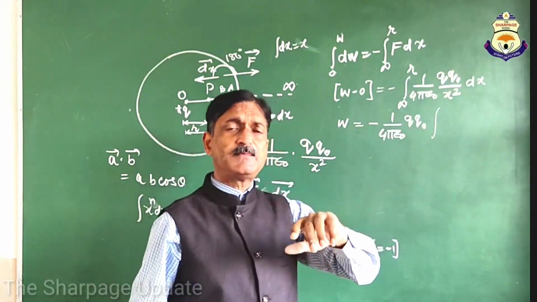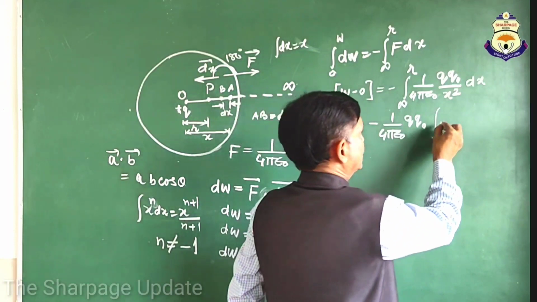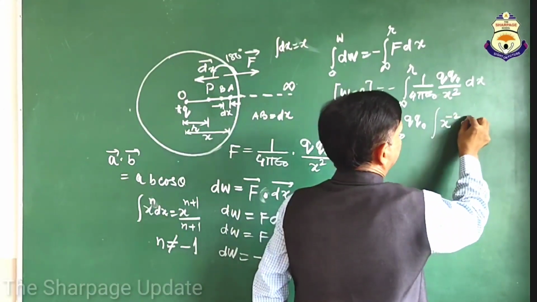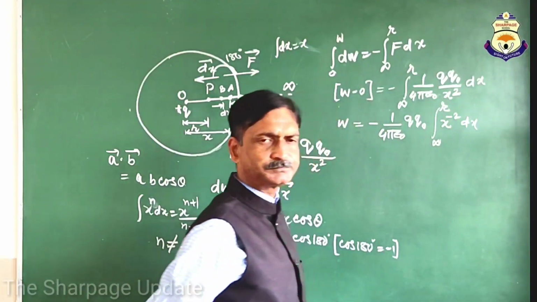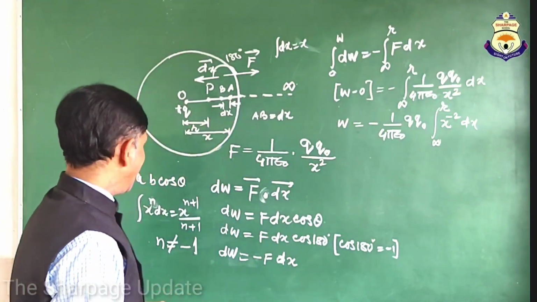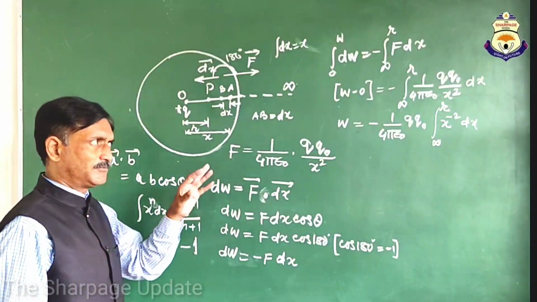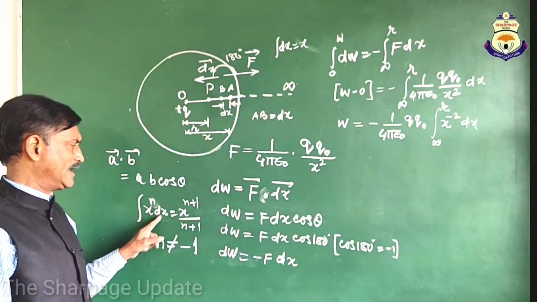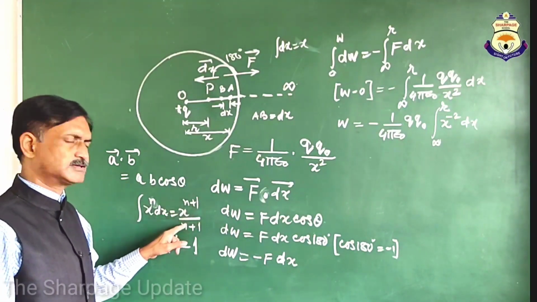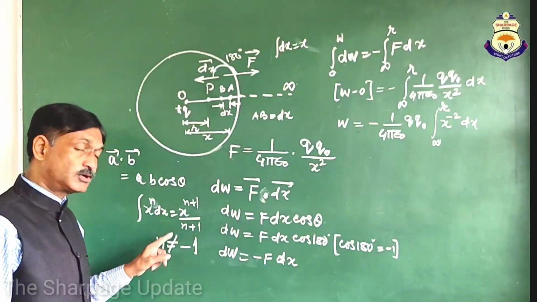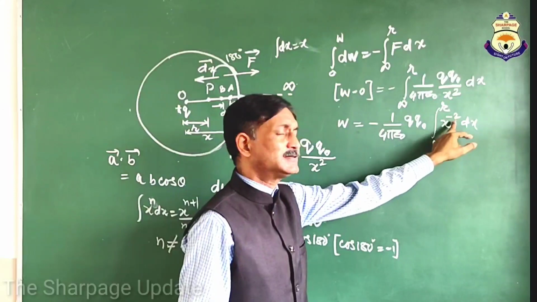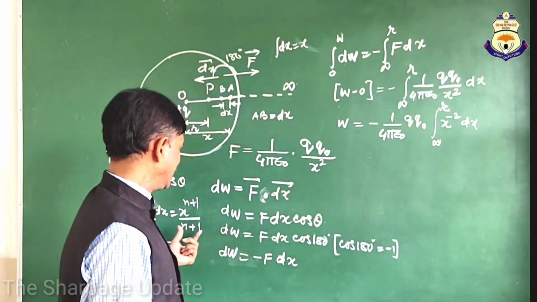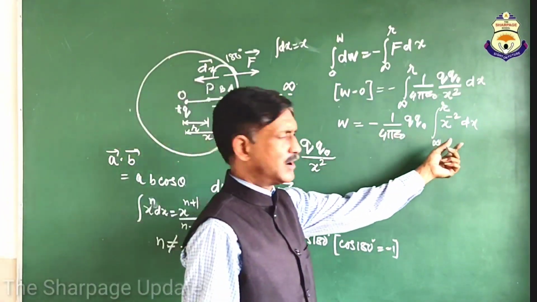So 1 upon x square can be written as x to the power minus 2, so x to the power minus 2 dx, and the limits are infinity to r. Now friends, as we know that the formula for integral of x to the power n dx equal to x to the power n plus 1 upon n plus 1, where n should not be equal to minus 1. Here you can see that n is equal to minus 2. So we can use this relation for finding the integration of this.